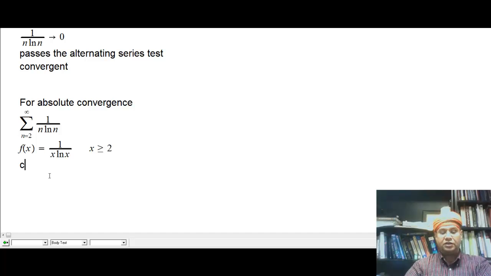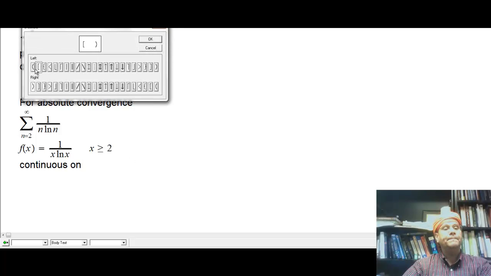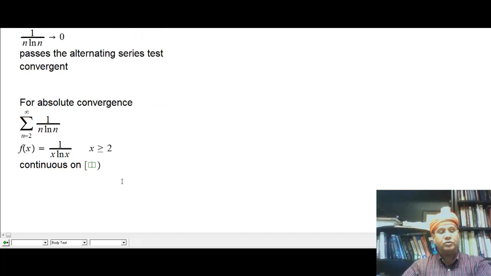So it is continuous on the interval from 2 to infinity, right? Okay. It's also positive, right? It's decreasing, isn't it? So we can apply the integral test. What does the integral test do?